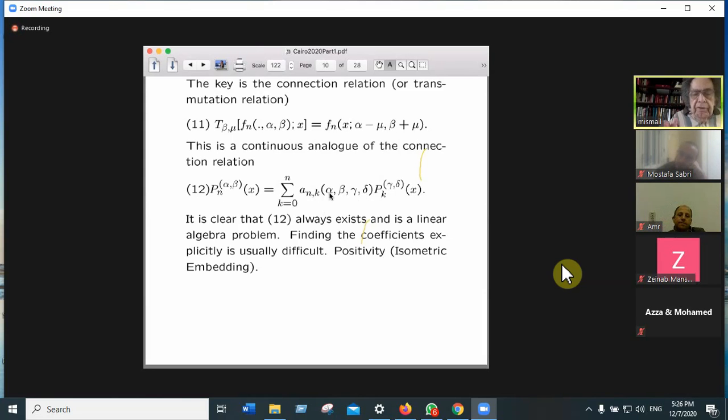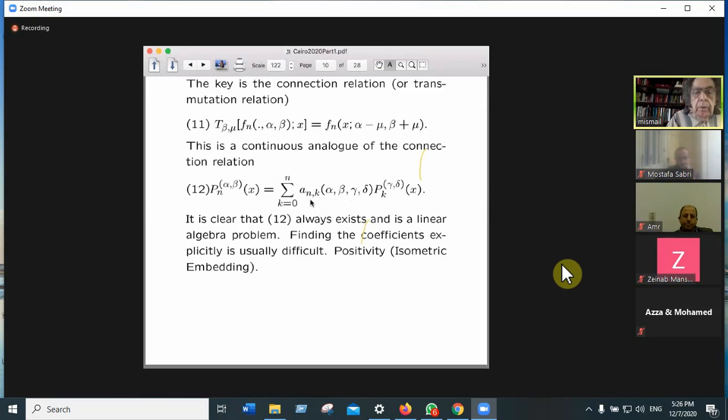So of course, if k is less than n, you can embed the k-dimensional in the n-dimensional. And that fact has something to do with the spherical functions, and for that, it's necessary and sufficient that these things are non-negative. So it tells you something about the geometry involved, where these are spherical functions.